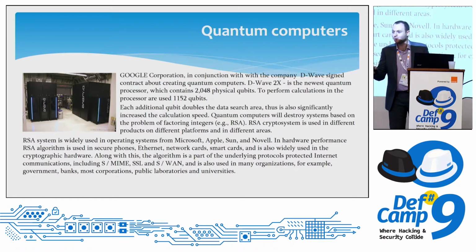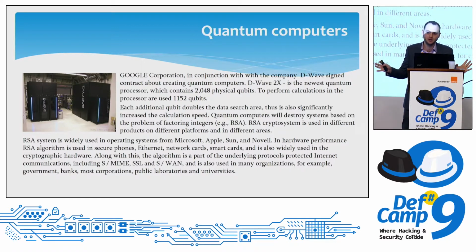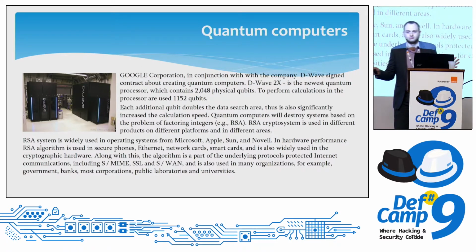And quantum computers can easily break it. How do they break it? They can easily solve the factorization problem. It's a great problem today, because it will break RSA, and a lot of products will be really vulnerable.